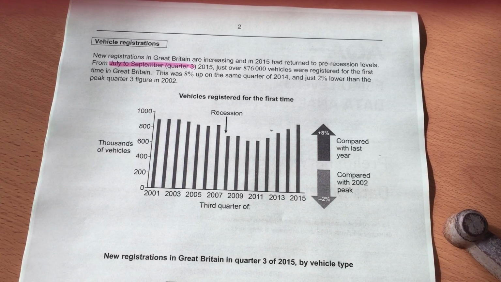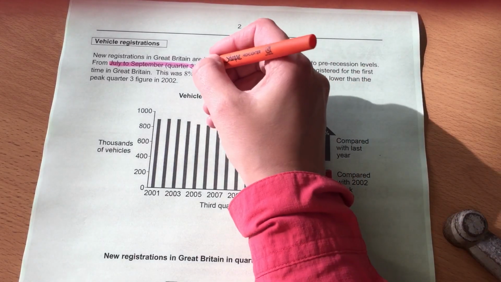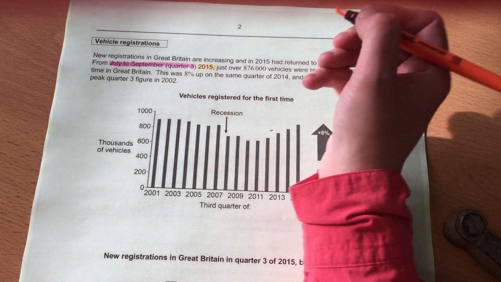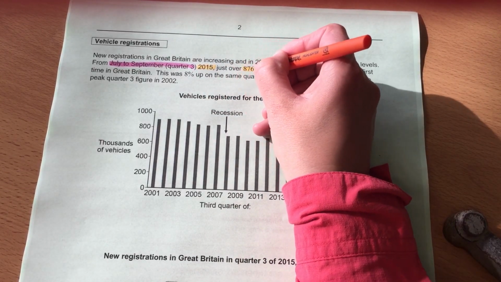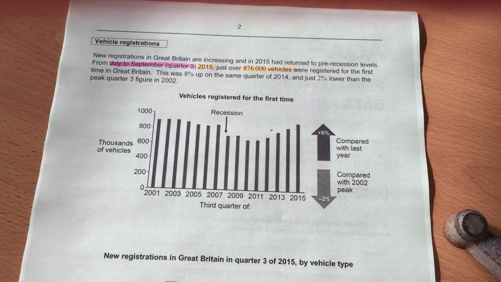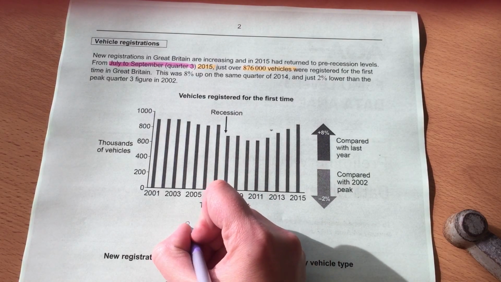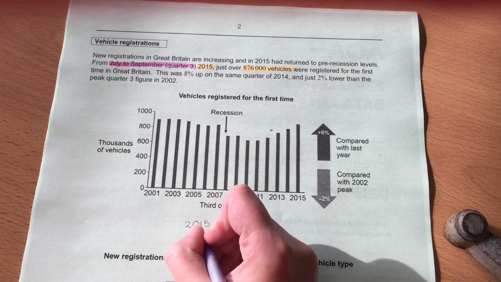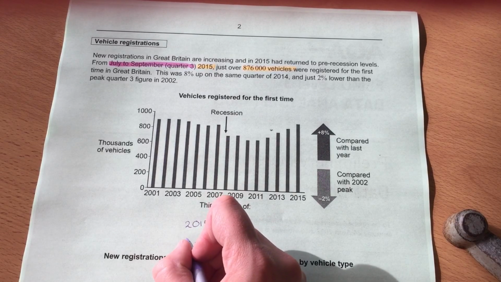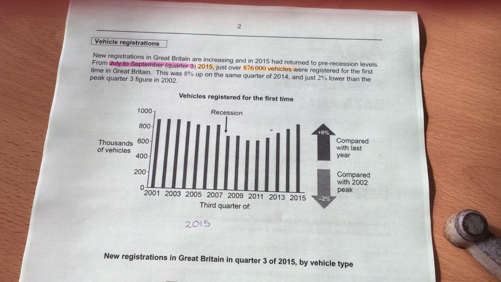We're told certain bits of information about this year and previous years. So we know that in the third quarter of 2015, there are this many vehicles registered, and so what we're going to be asked to do almost certainly is take our 2015 value, and then we'll have to compare it with some of the other ones.